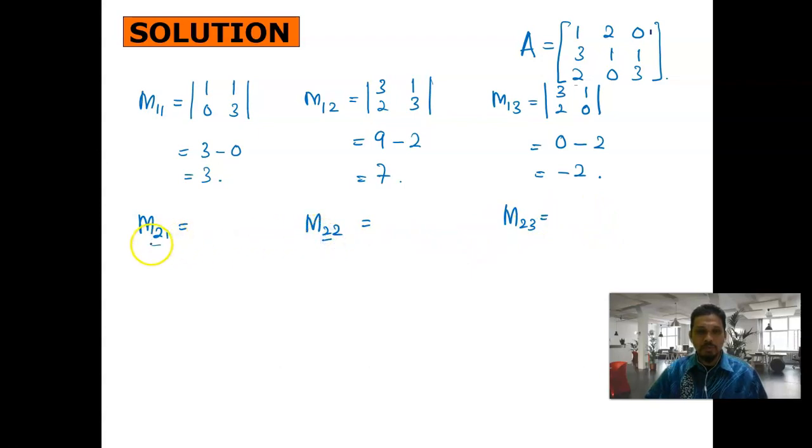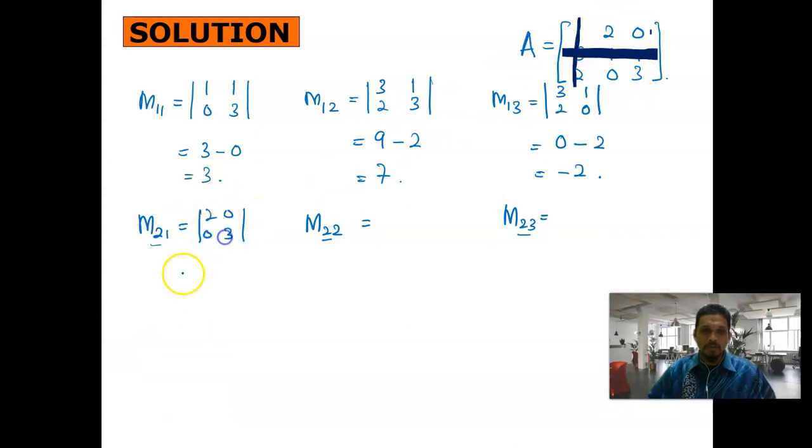So I delete row number 2 here, and go one by one with the columns. What's left here now? We got 2, 0, 0, 3. So the determinant of 2, 0, 0, 3 is 2 times 3 equals 6, minus 0 equals 6.